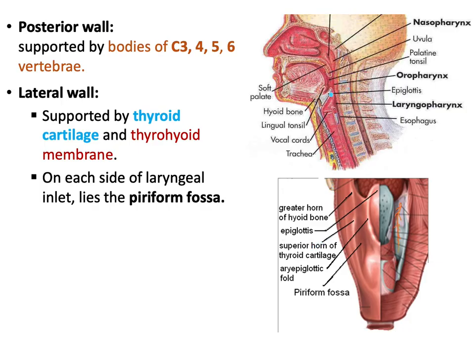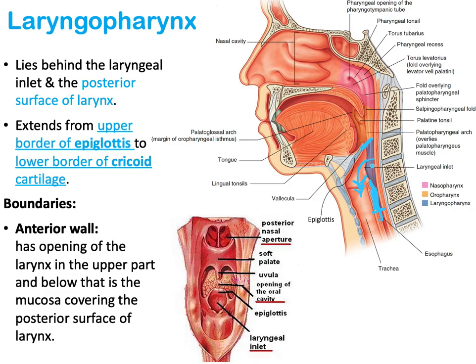So the posterior wall of the laryngopharynx is related to the lower border of C3, C4, C5, and C6.